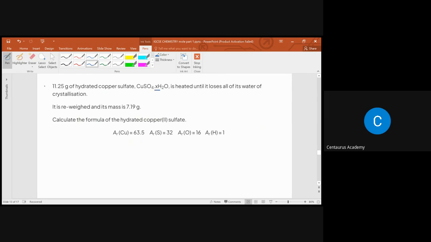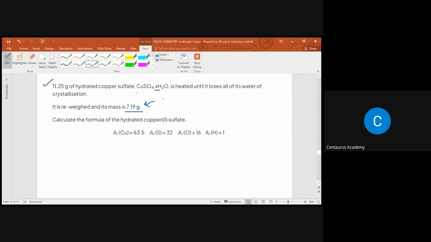Now, for instance, the question says 11.25 grams of hydrated copper sulfate. This means the total mass is 11.25 grams. It is heated until it loses all of its water of crystallization, and when it is reweighed, its mass is 7.19 grams. This is the mass of the anhydrous salt.